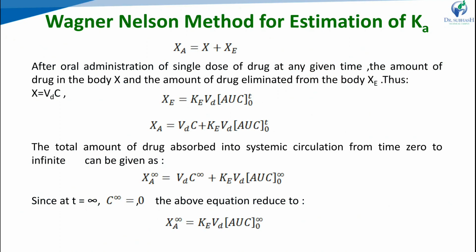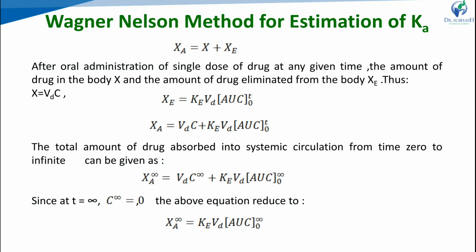Okay, one of the better alternatives to the residual method, the curve fitting method, is the Wagner-Nelson method. This method involves the estimation, or determination, of Ka from the percentage unabsorbed versus time plot and does not require any assumption of zero or first order absorption process.